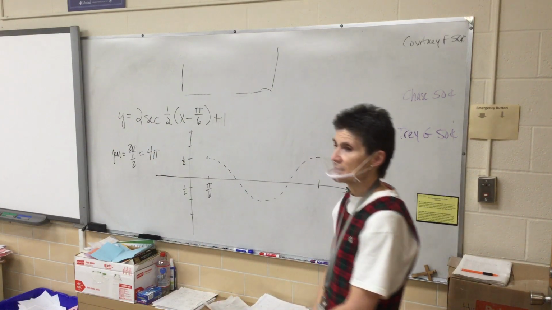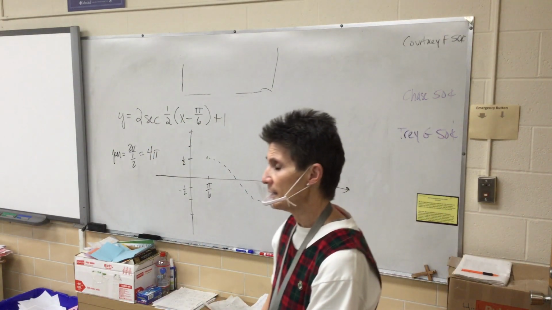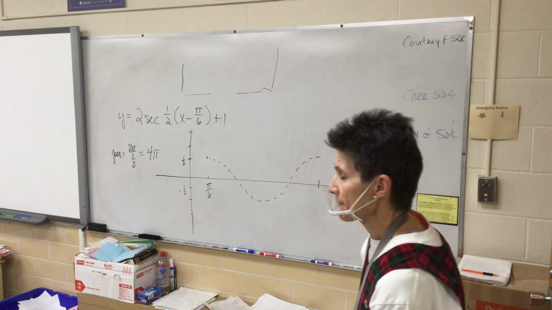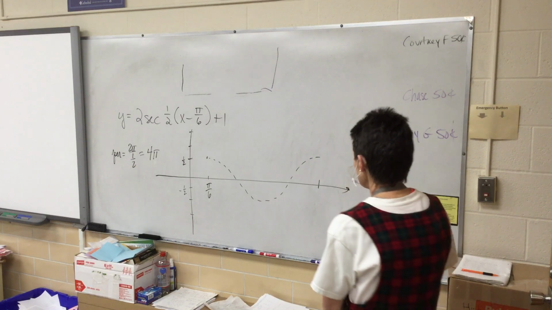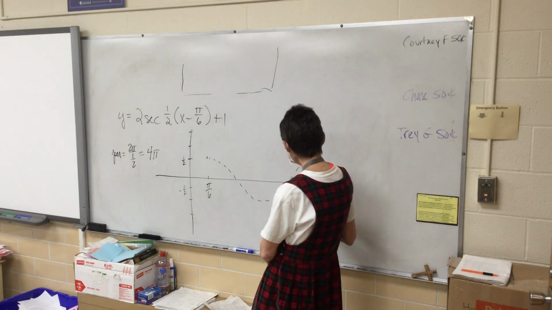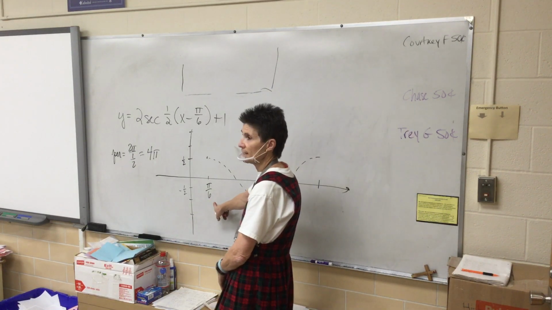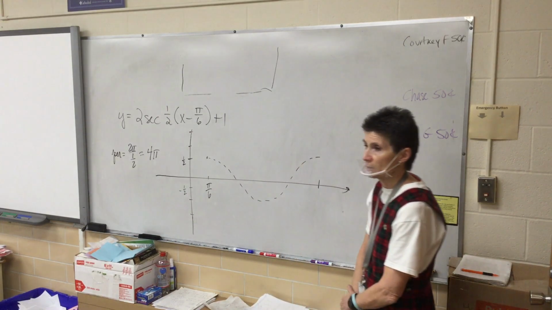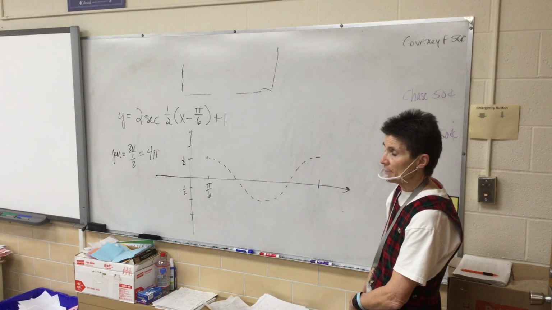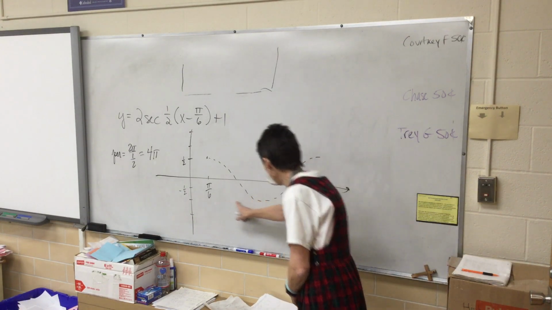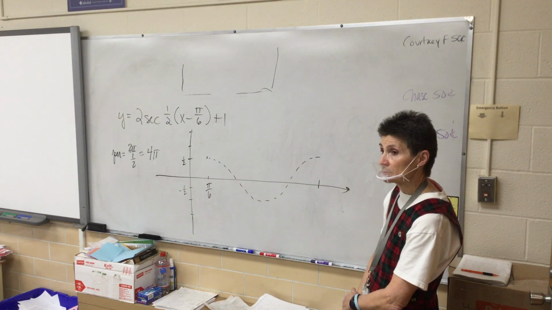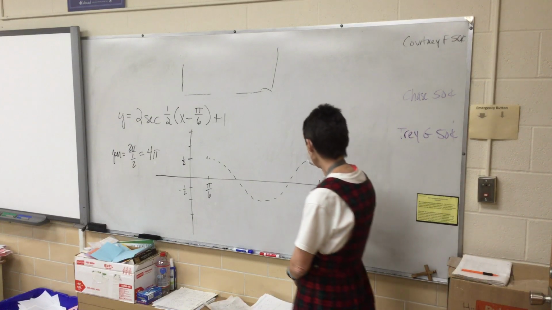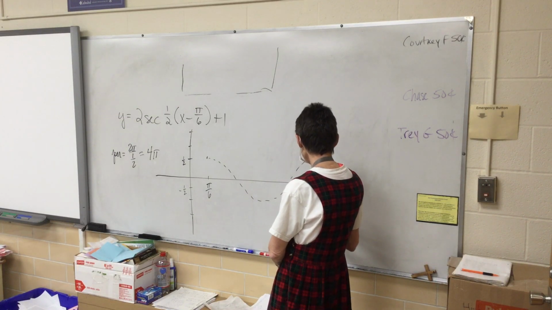Dividing by a half is the same as multiplying by 2. So the period is 4 pi. So that means I have to find this label. I'm going to take 1/6 and add 4. What does that give me? 25/6. Thank you. 25 pi over 6.